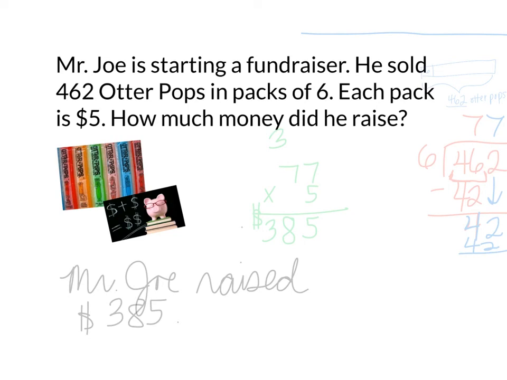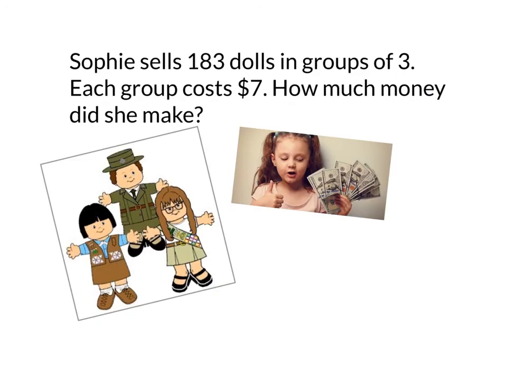So now we're gonna give you guys a challenge problem for you to do at home. I wonder what Mr. Joe is going to use. Sophie sells $183 in groups of 3. Each group costs $7. How much money does she make?